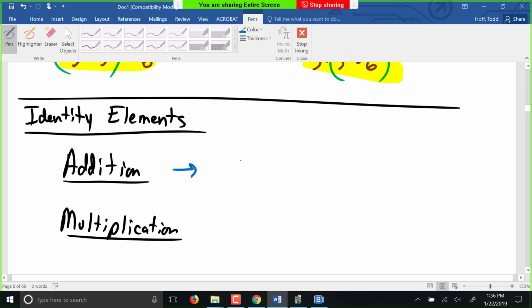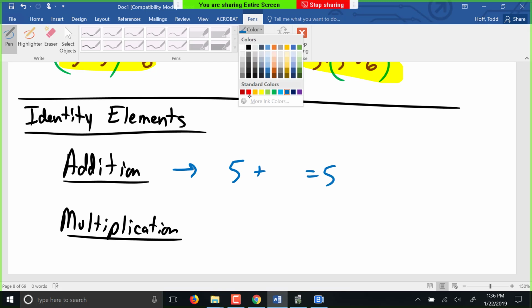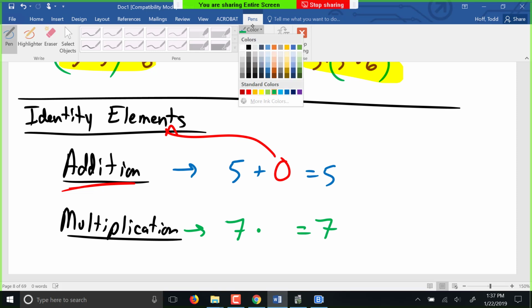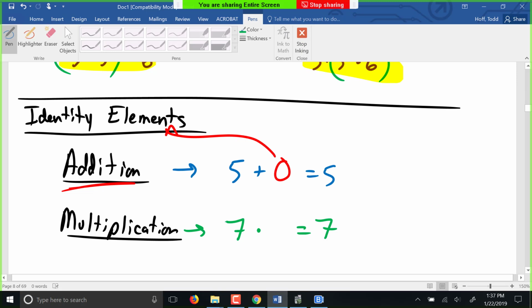For addition, if I have the number 5, what can I add to it that keeps it a 5? 0, very good. 0 is the identity element for addition. If I start out with the number 7, what can I multiply that by to keep it a 7? 1, perfect. 1 is the identity element for multiplication.